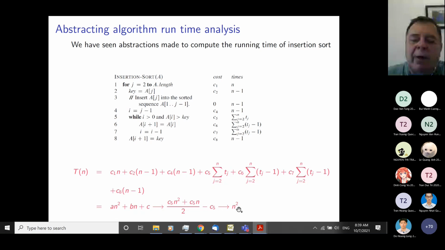Okay, so n represents the input size, and n squared represents the number of times one instruction is executed. So this represents by how much the running time increases when we increase the input of the algorithm, the data.